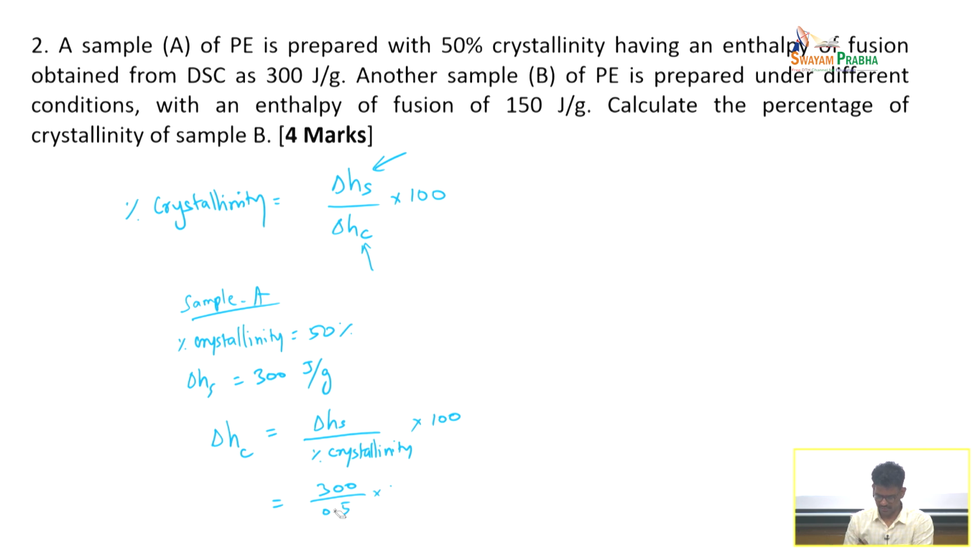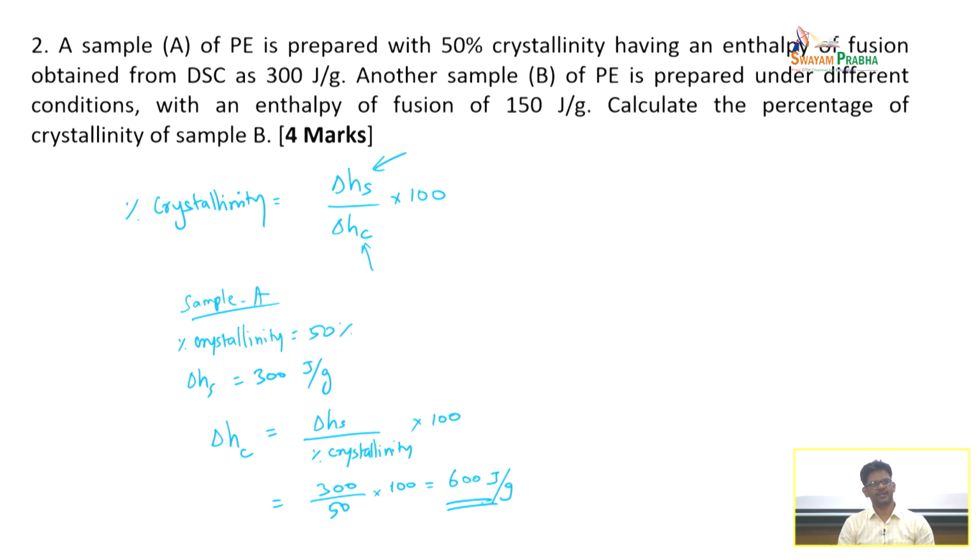Yeah, so this should be 50%, right? 50, 100. So this will give you 600 joules per gram.